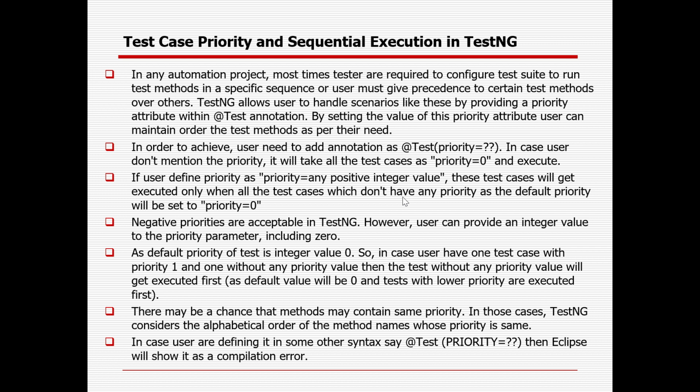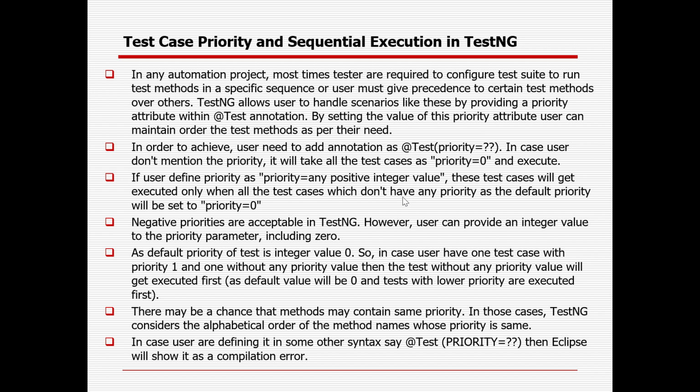In any automation project, most times testers are required to configure the test suite to run test methods in a specific order or sequence, or give more precedence to certain test methods over other methods. TestNG allows users to handle scenarios like this by providing a priority attribute within the @Test annotation. By setting the value of this priority attribute, the user can maintain the order of the test methods as per their need.